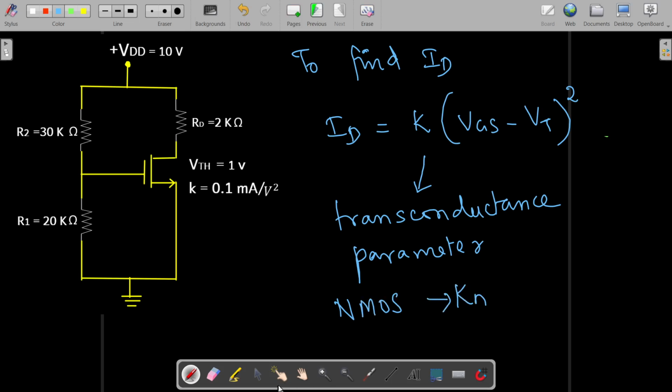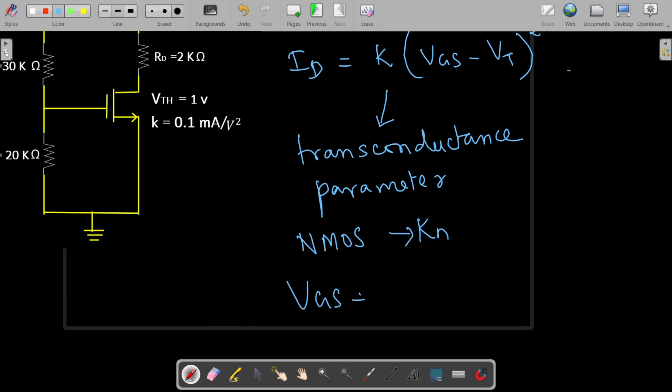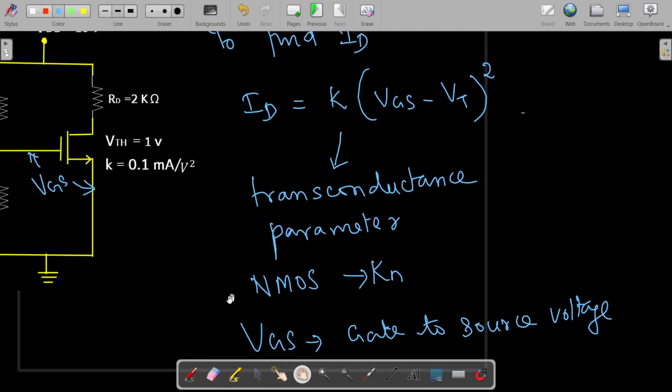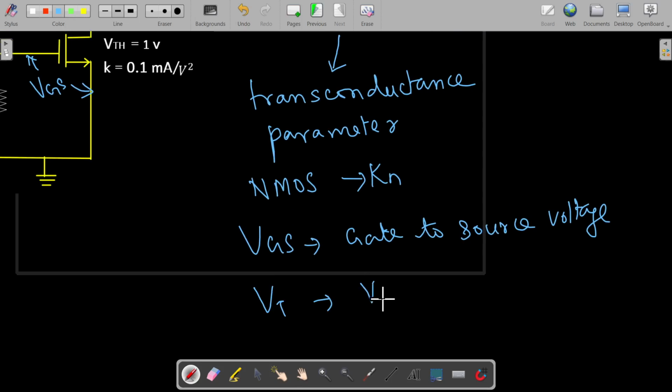VGS is the gate to source voltage, this one, right? And VT is the threshold voltage, which can also be written as VTH.